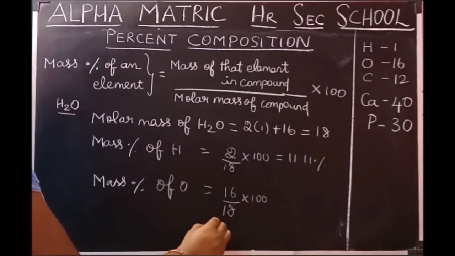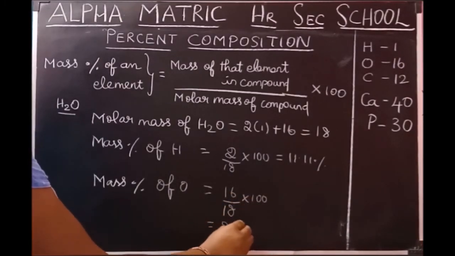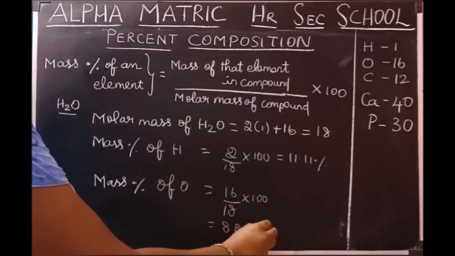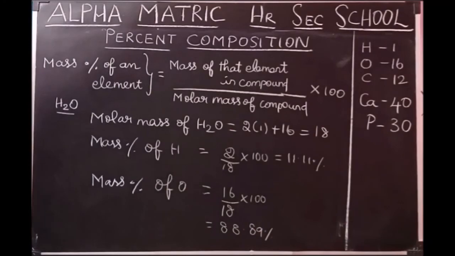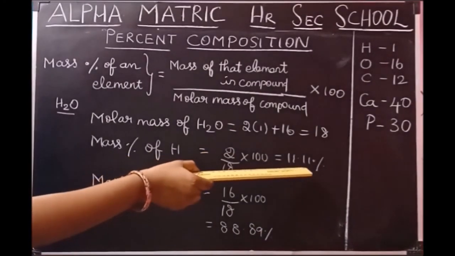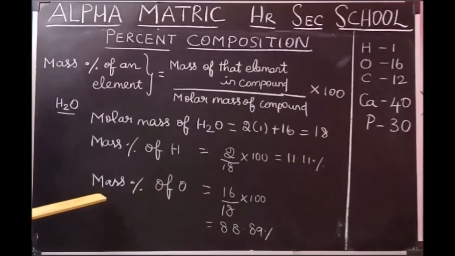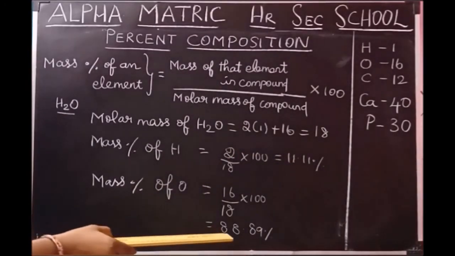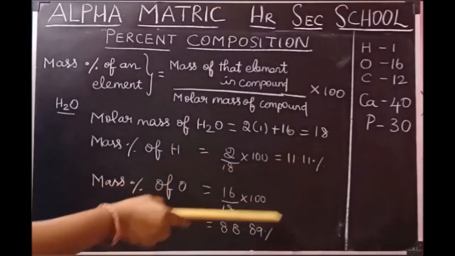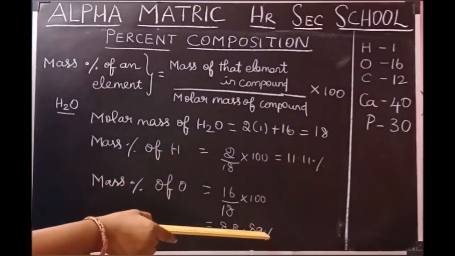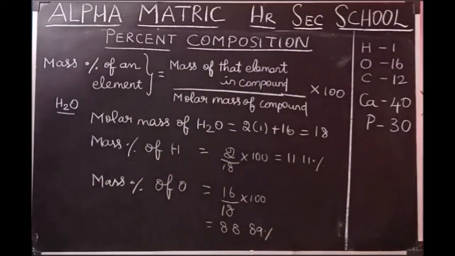If you calculate this, we get 88.89 percent. So in water, the mass percentage of hydrogen is 11.11 percent and the mass percentage of oxygen is 88.89 percent. If you add both these values, finally you get 100.